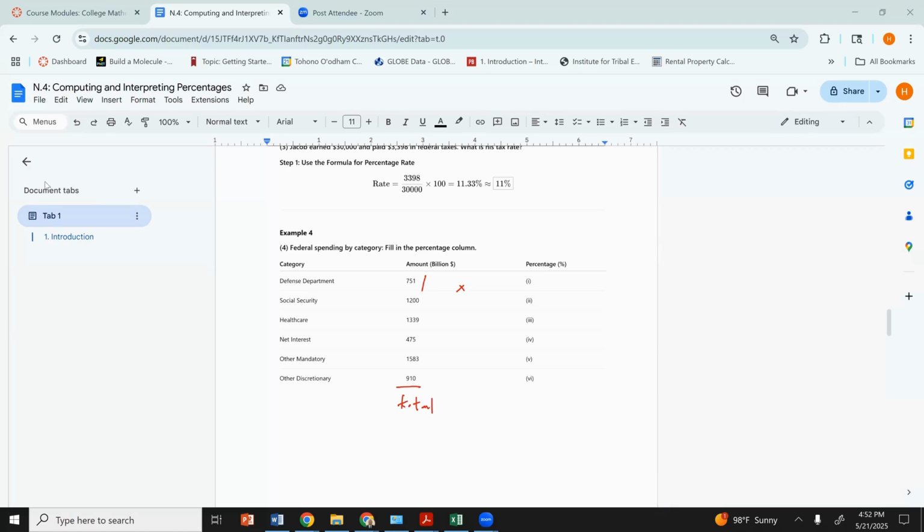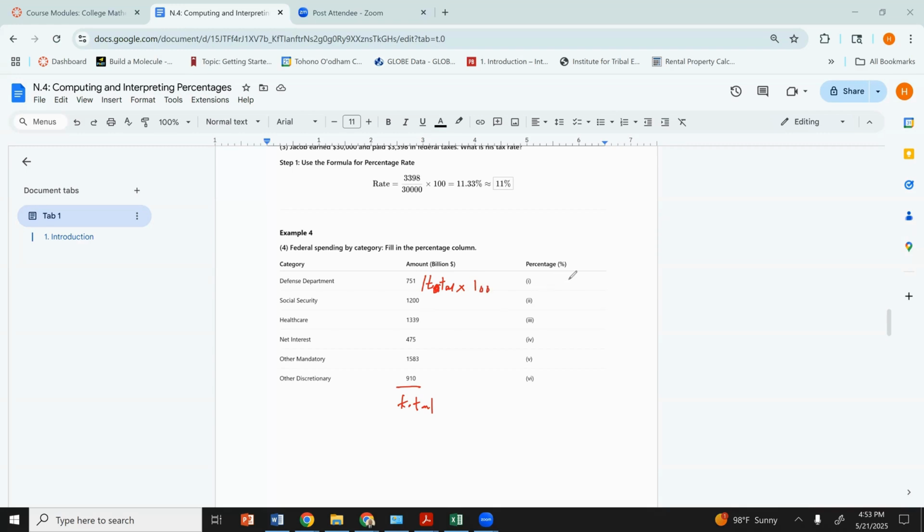So what I was trying to say is that if you add all these numbers, you're going to get a total, and that's going to be the whole. So each of these categories is going to be divided by that total. Okay, so you take 751 divided by the total you get from adding all the categories, times 100.